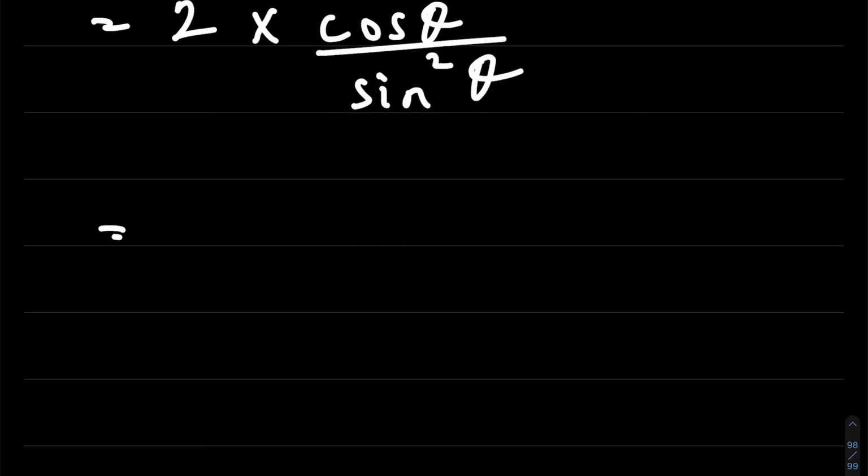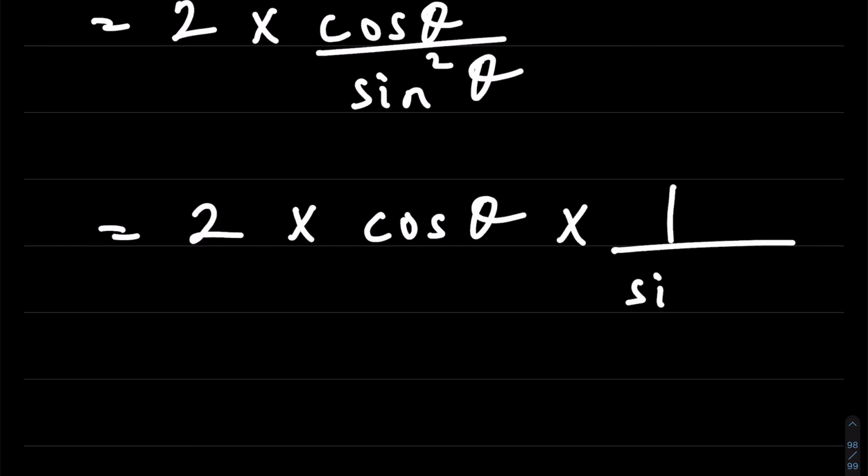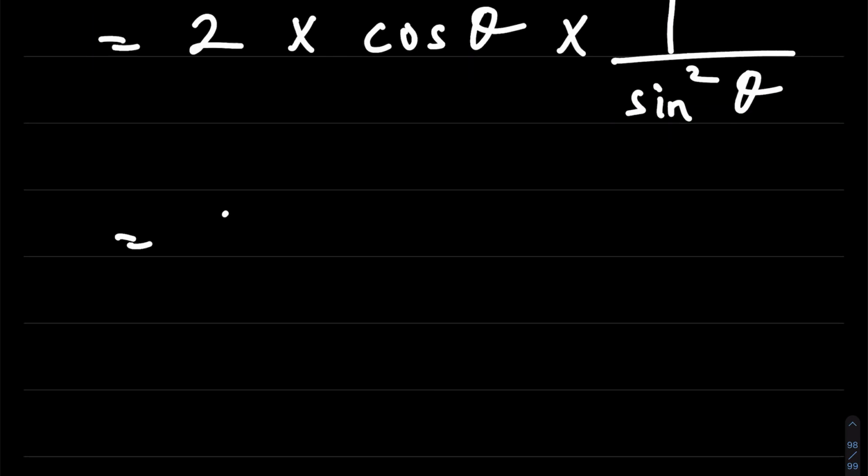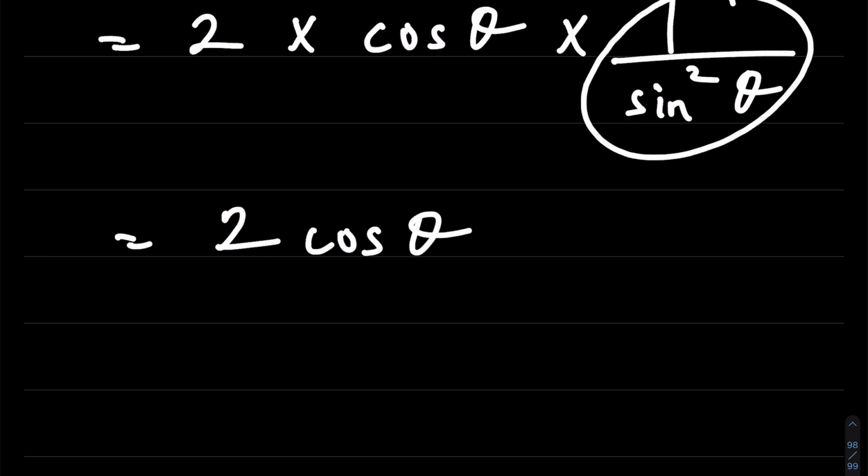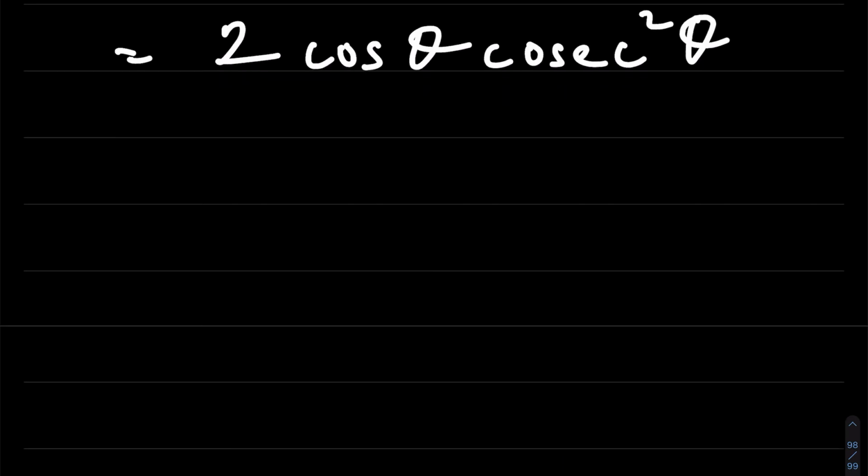I can write this way: 2 times cos theta times 1 over sin squared theta. 1 over sin squared theta is the same as cosec squared theta. So that's 2 cos theta cosec squared theta, which is exactly what the right hand side is.